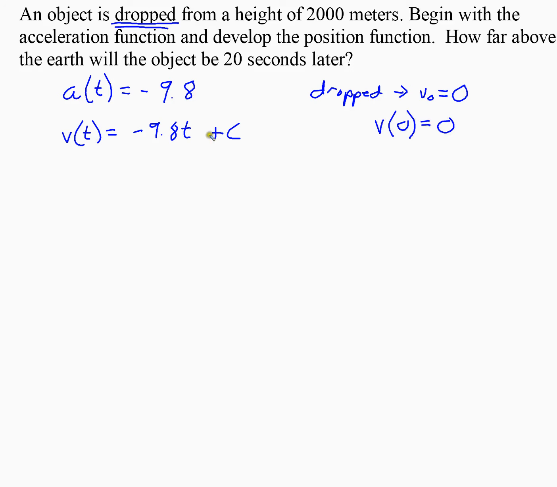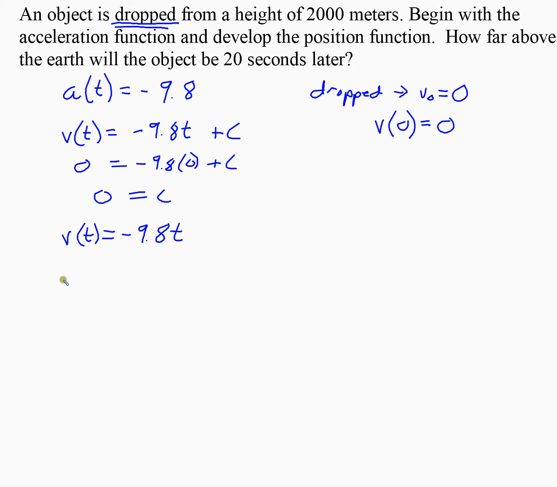So our velocity is 0 when our time is 0, which means in this case our c value is 0. We know our velocity function is just negative 9.8 t plus 0, but we don't need to write that. We want to get all the way to the position function.